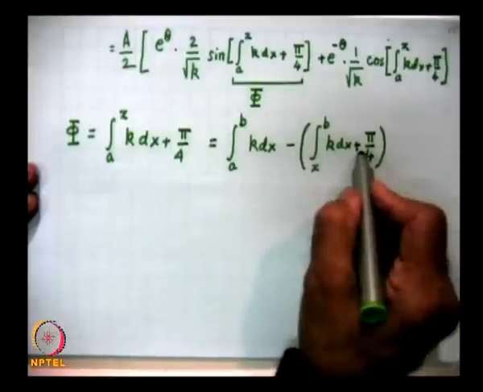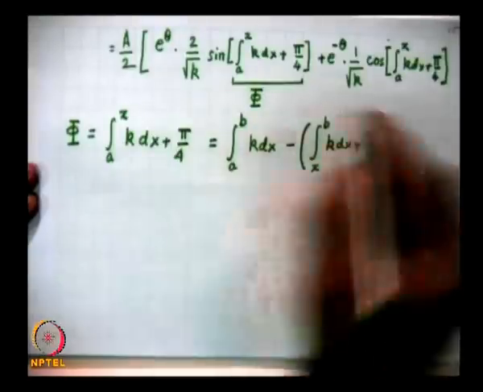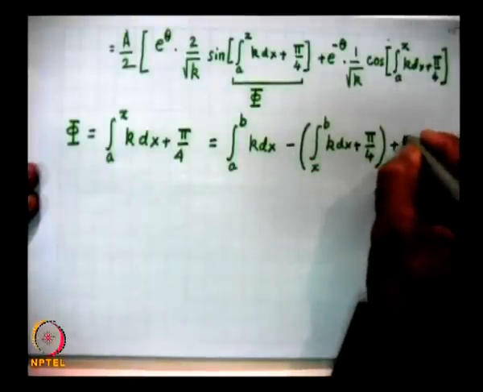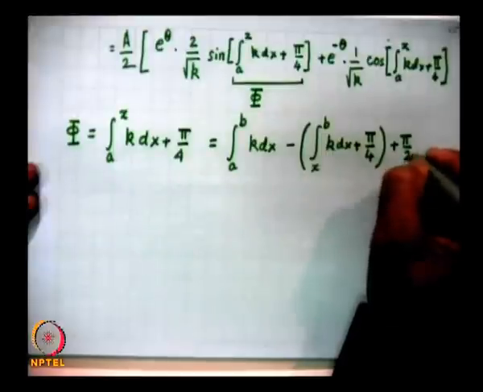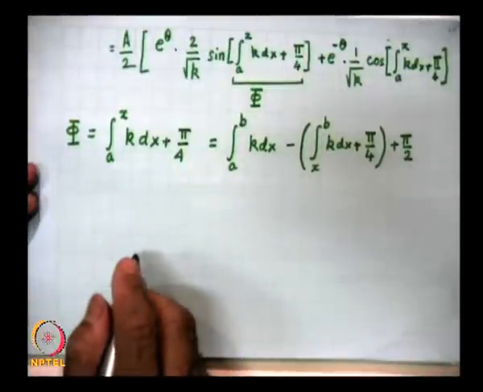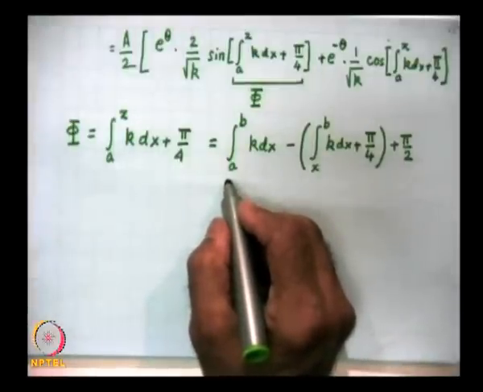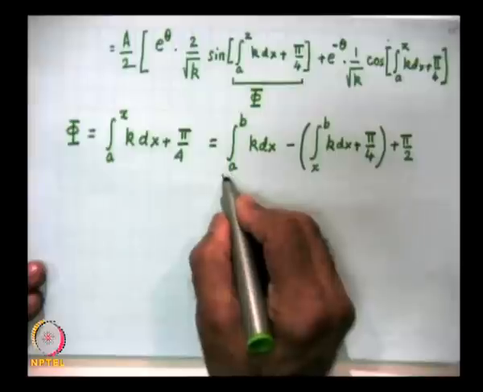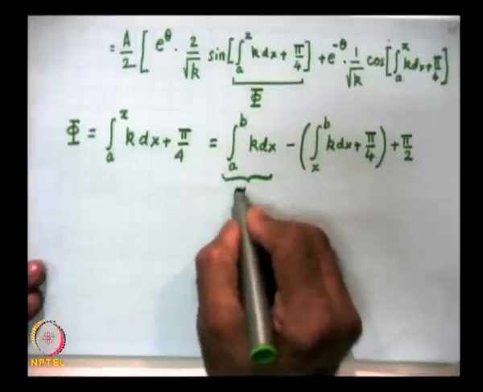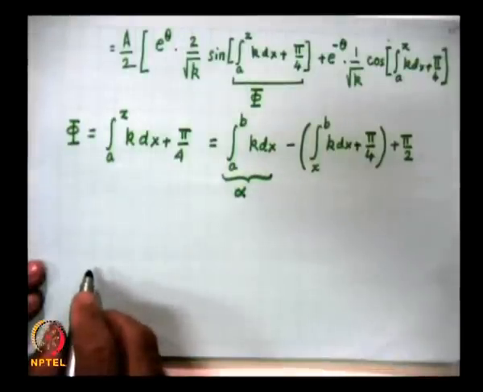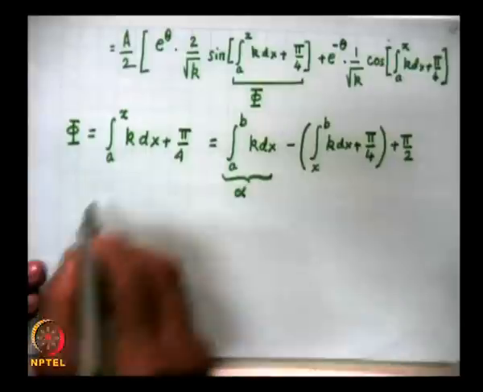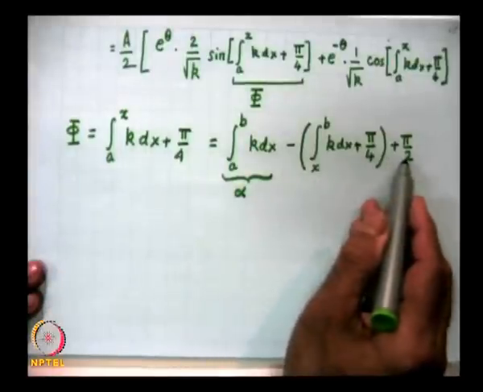So, it is minus pi by 4 plus pi by 4 plus pi by 4, so plus pi by 2. Let me write this quantity as alpha. So, this becomes sine of alpha plus pi by 2.